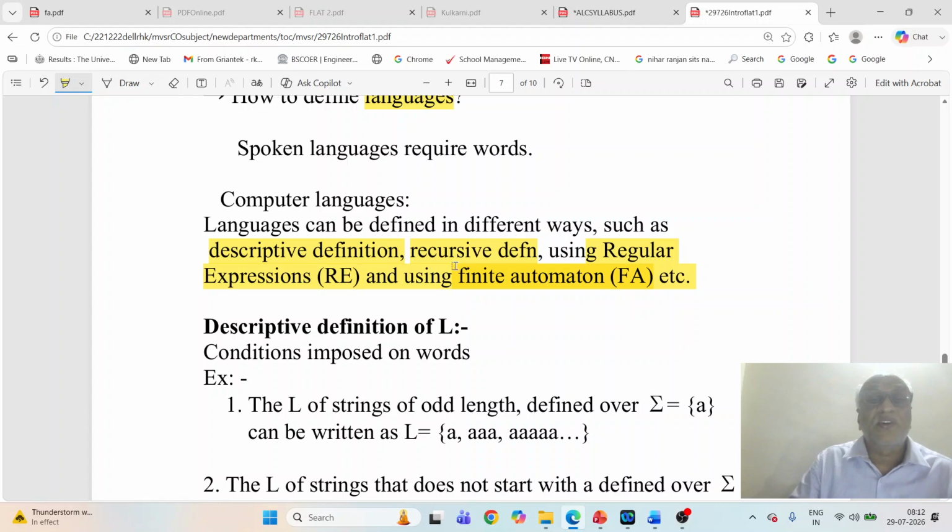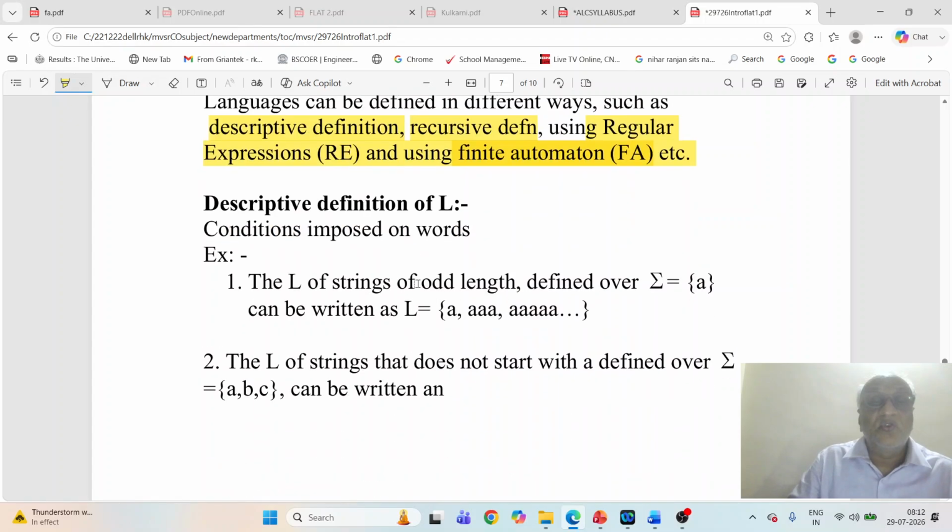So let us go for the first definition, descriptive definition. A descriptive definition is just some condition imposed on some words. For example, we are saying strings of odd length defined over sigma equal to a: a, comma, a, comma, a. So all are of odd length.